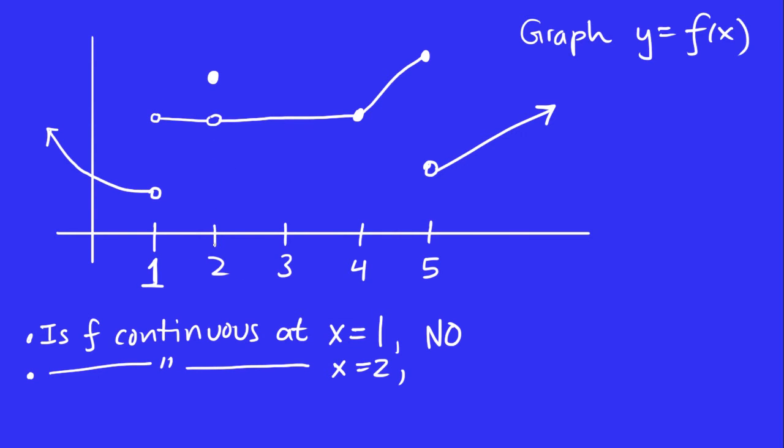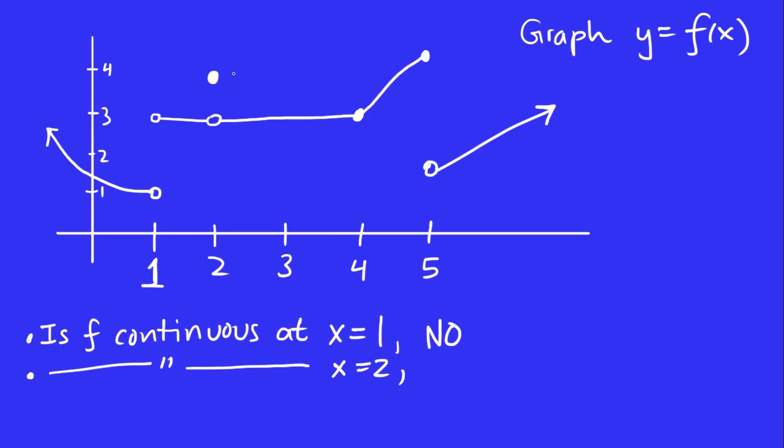Well, right now, unlike x equals 1, notice that when x is equal to 2, the function is defined there, right? Why don't we make up some numbers here if we really want to. So f of 2 is equal to 4, say, okay? So this is 2 comma 4.